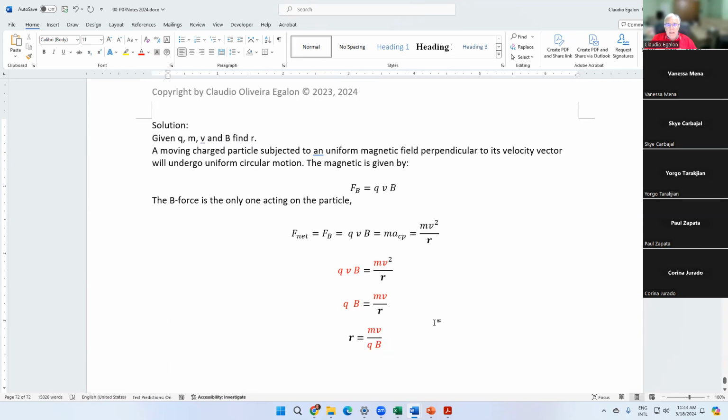The radius of curvature of the path of the charged particle is mv divided by qB.